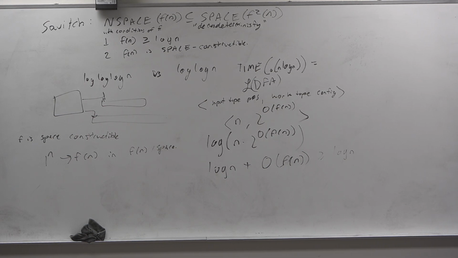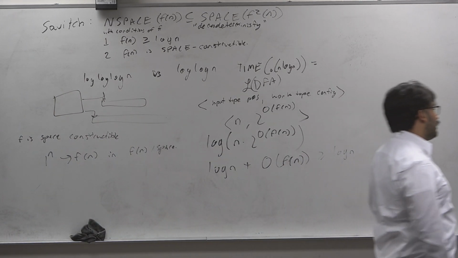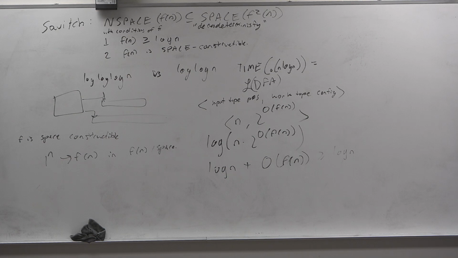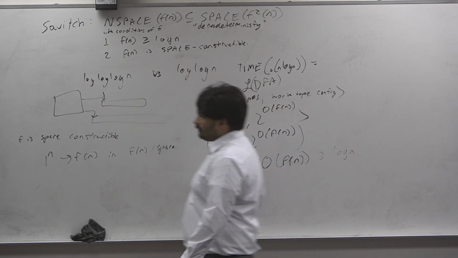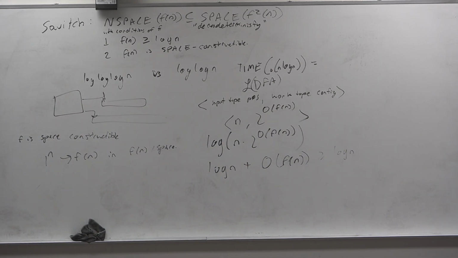We do require this in the sense that the simulator has to compute a space bound on the simulatee. It has to be able to compute in this step 2 to the d of f of n, and it's not going to be able to do this if it takes more than f of n space to compute f of n. So that's why we require space constructibility.